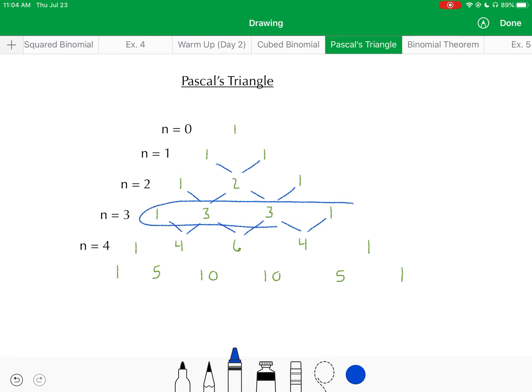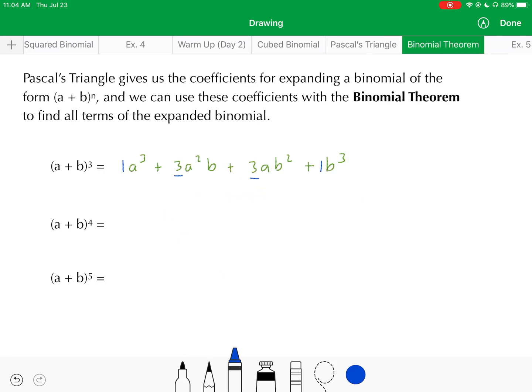Right here are the numbers 1, 3, 3, and 1. Those values give you the coefficients on your 4 terms when you take a binomial and raise it to the third power. Now all the triangle does is give you the coefficients, and then the binomial theorem helps you understand the powers on the variables of each term.